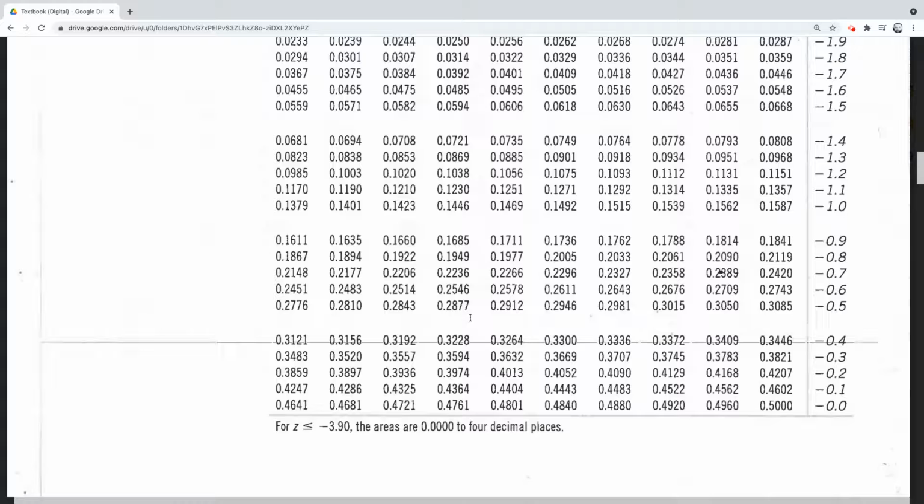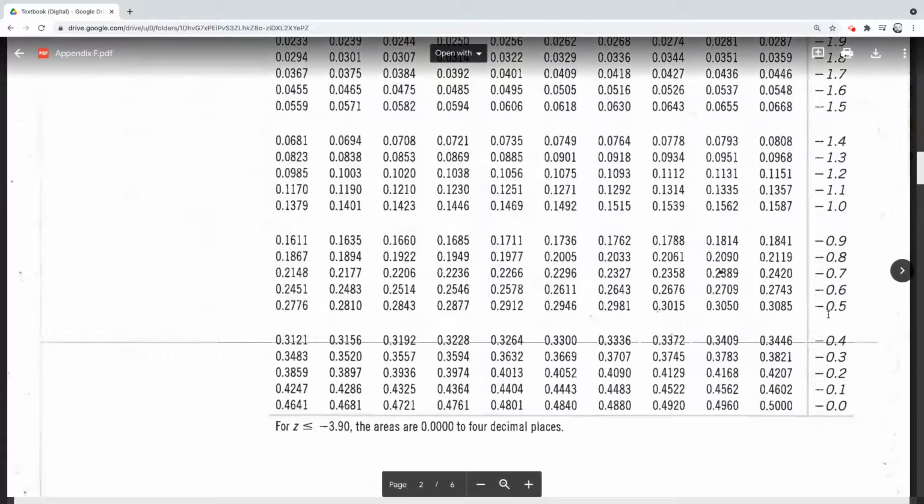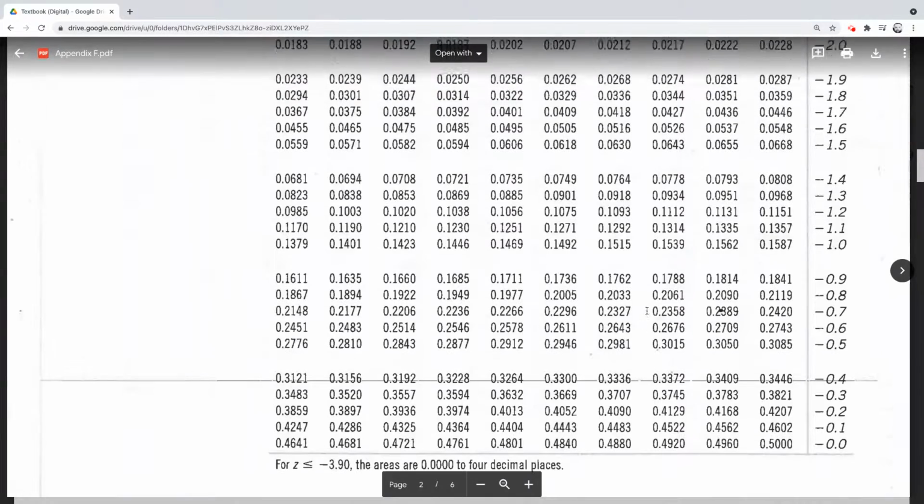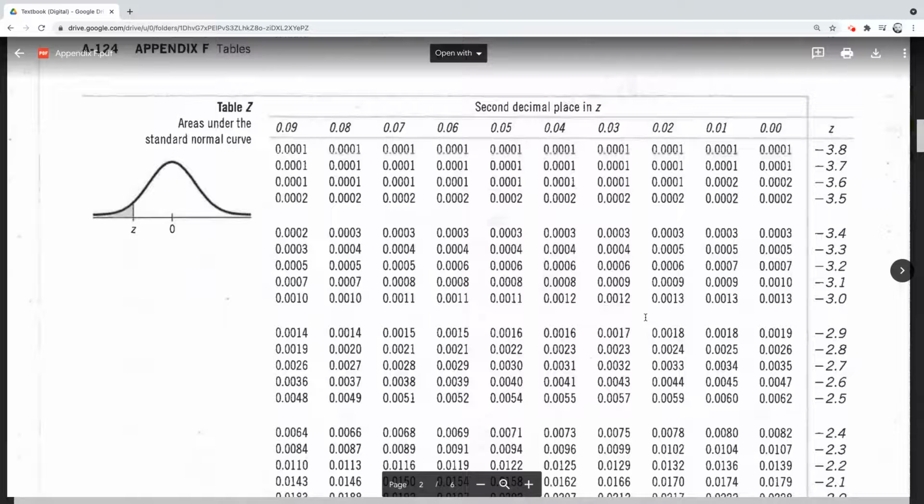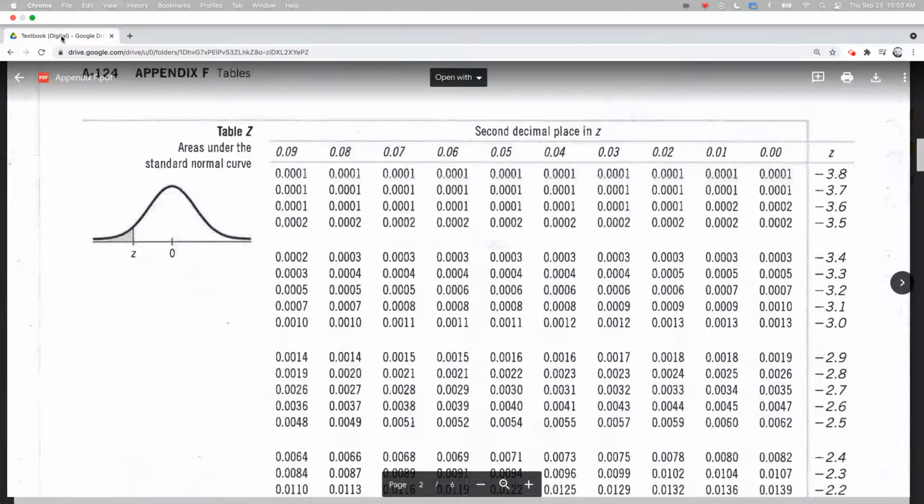So here's 28, 28, 29. Oh, it's right here. So it's between these two values. So it's negative 0.5, so now I just got to scroll up to the top. And so it's negative 0.52 or 53, okay? So there's that.